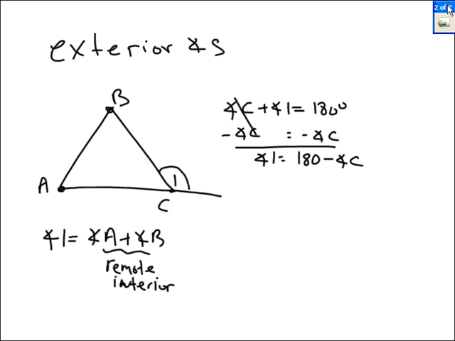Okay? But I also know that angle A plus angle B plus angle C, they're angles of the triangle, just add up to 180.